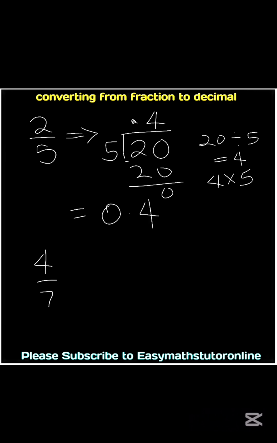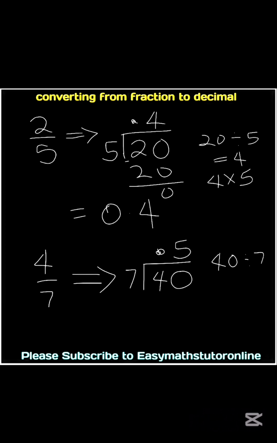Let us try another example. Given the fraction 4/7, convert this to a decimal. We'll use the long division method as well. We'll write 7 as the divisor and 4 as the number to be divided. At this point, we'll write the decimal above the 4 and a 0 beside the 4, giving us 40 divided by 7. 7 goes into 40 5 times, so write 5 right above the 0. 5 times 7 gives us 35.